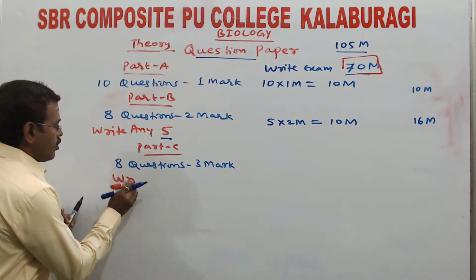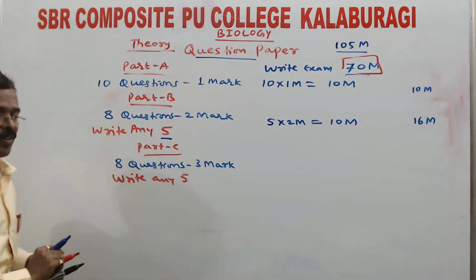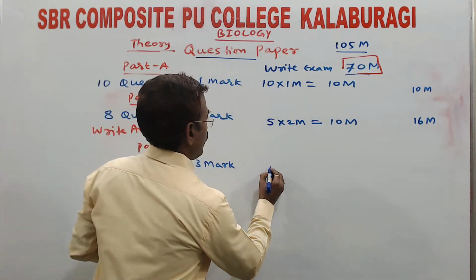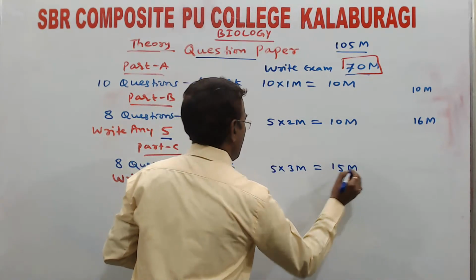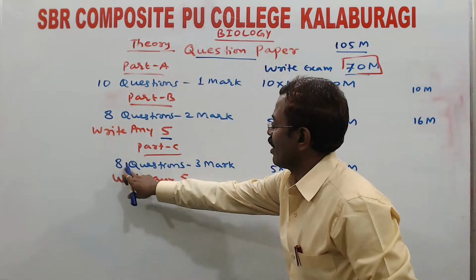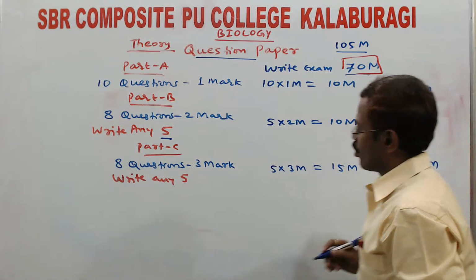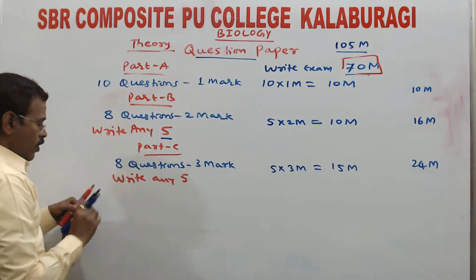Write any 5. Any 5 means 5 into 3 marks, it will be 15 marks. Total 8 are there. 8 into 3 means it will be 24 marks. A total of 8 will be asked, but we have to write any 5.